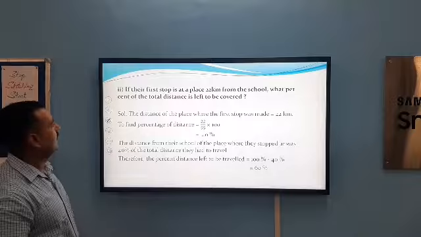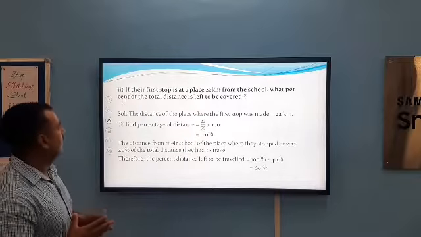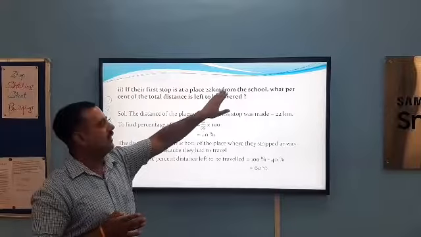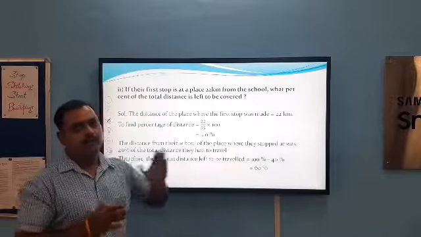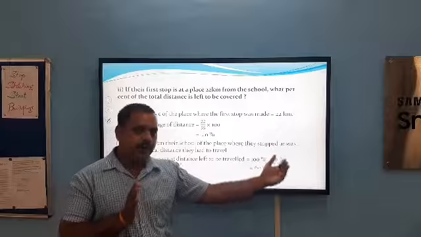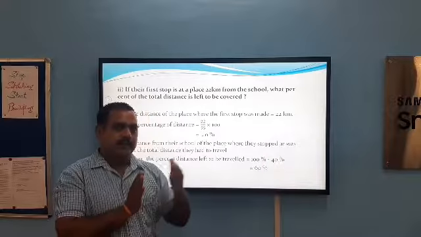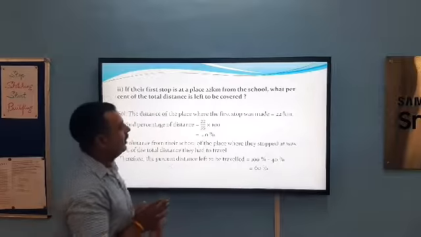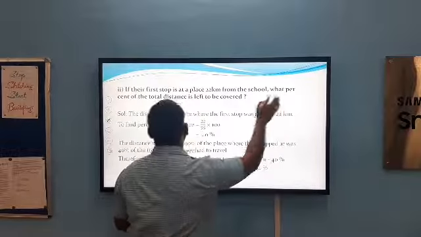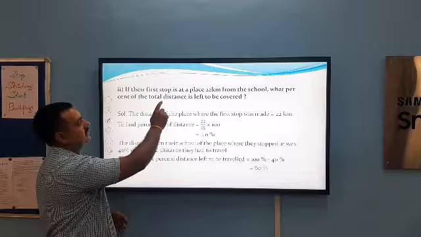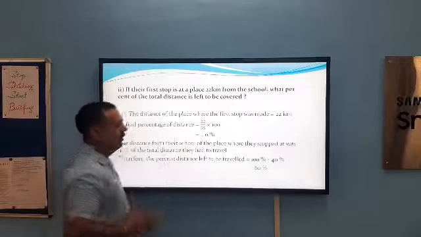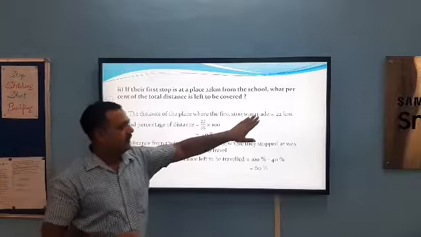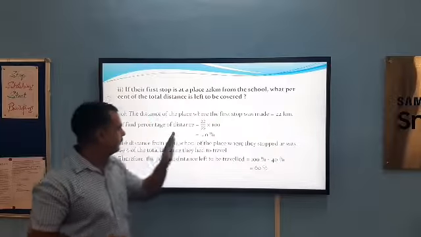Now the second question is, if their first stop is at a place 22 km from the school. The picnic site is 55 km from the school. Now we have to find what percent of total distance is left to be covered. The distance of the first stop is 22 kilometers.